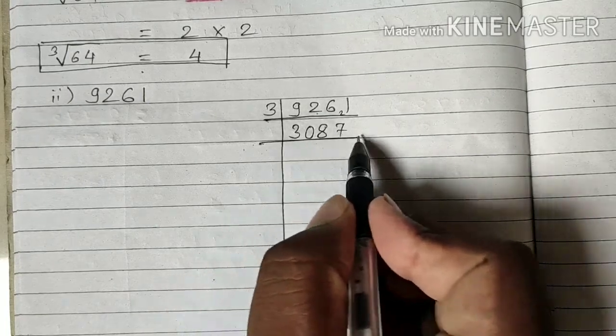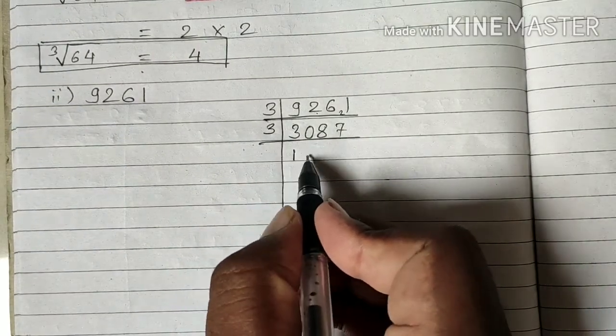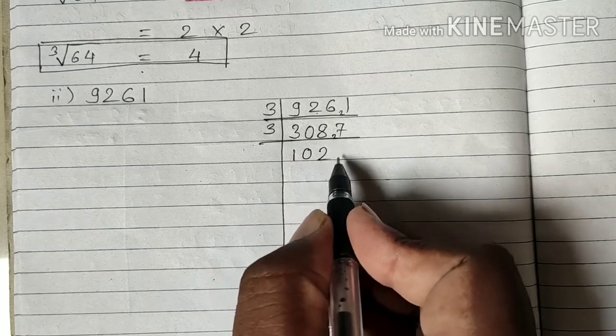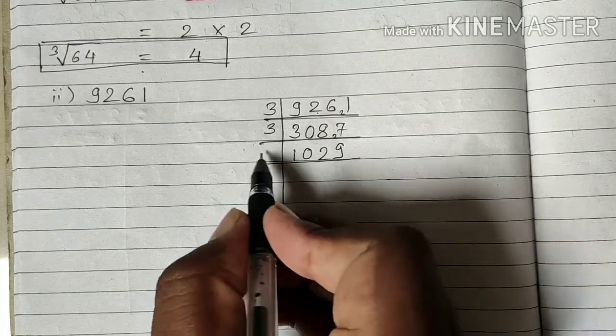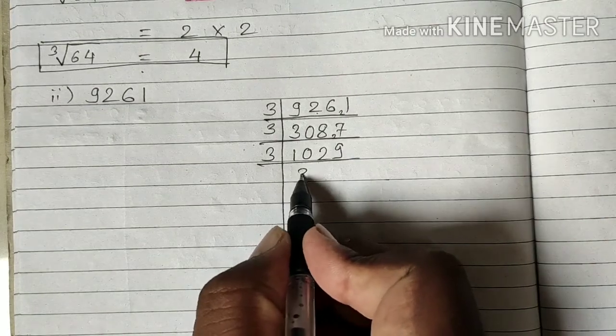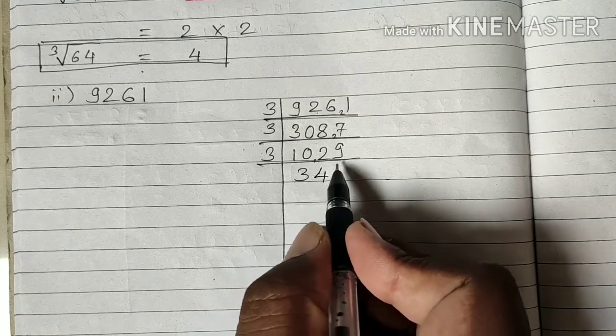3 7s are 21, correct. Again divide it by 3. 3 1s are 3. 0. 3 2s are 6. 2 is there. 3 9s are 27. Got it? So once again, when we divide it by 3, then what we are getting? 3 3s are 9. 1 is there. 3 4s are 12.